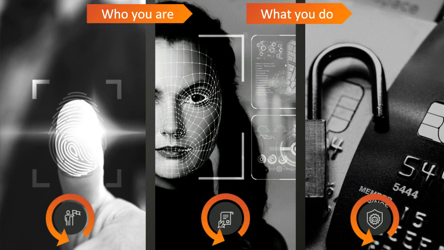From a fraud lens, you can think of two broad buckets to analyze. First is the notion of who you are. This applies to your identity, your physical identity, your digital identity, your device identity, your historical risk profile, and so on. And second is this notion of what you do.